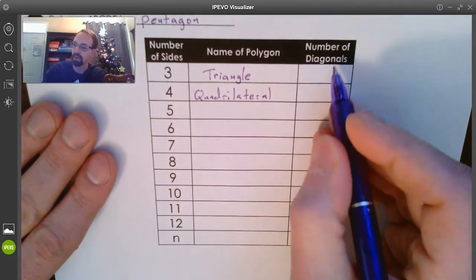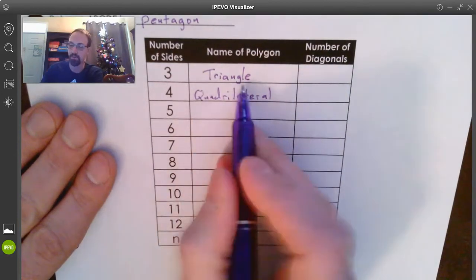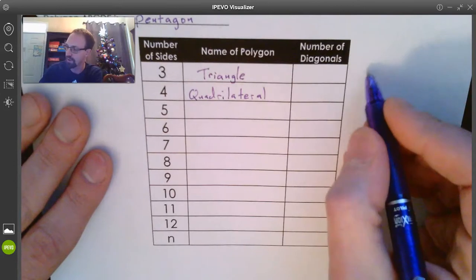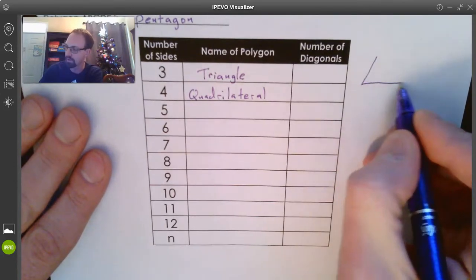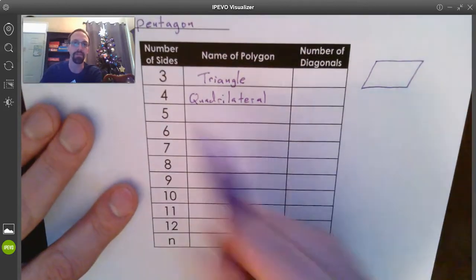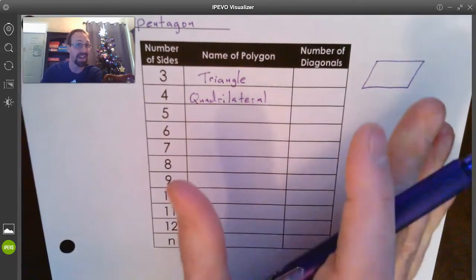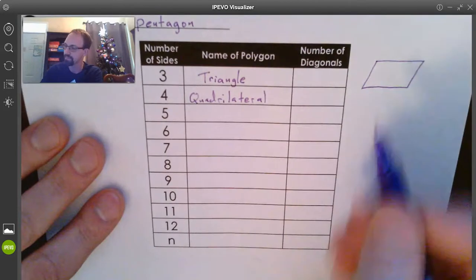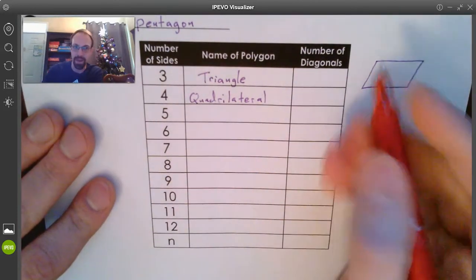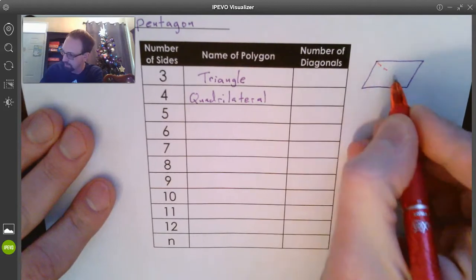I've skipped over the number of diagonals for a triangle because I wanted to create a quadrilateral to showcase what a diagonal looks like. So this is a 4-sided figure, which is all that a quadrilateral needs to have. It just needs to have 4 sides. The diagonals have to be uniquely independent from one another.